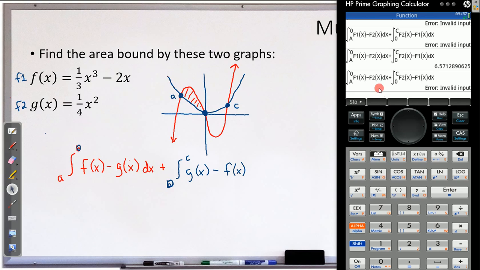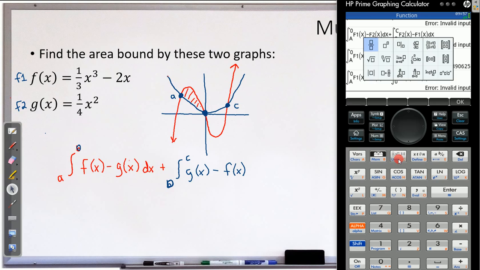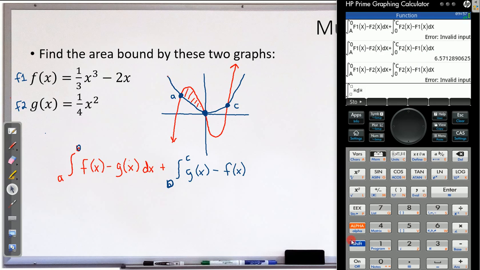There's a slight inconvenience here for us, but no matter. We did pretty much do it all right. So the integral from a to 0 of f1 at x minus f2 at x dx.